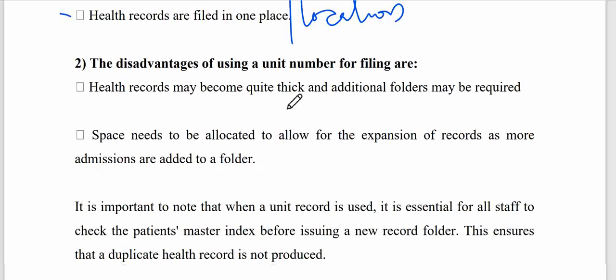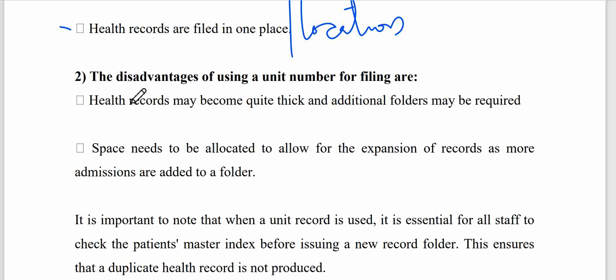All right. So the disadvantage of using a unit number for filing is that health records may become quite thick, very bulky, because one patient has come like 10 times and now the records have been created, they must be kept together in one file. So you're most likely to create like 10 different files for the same patient under the same number.